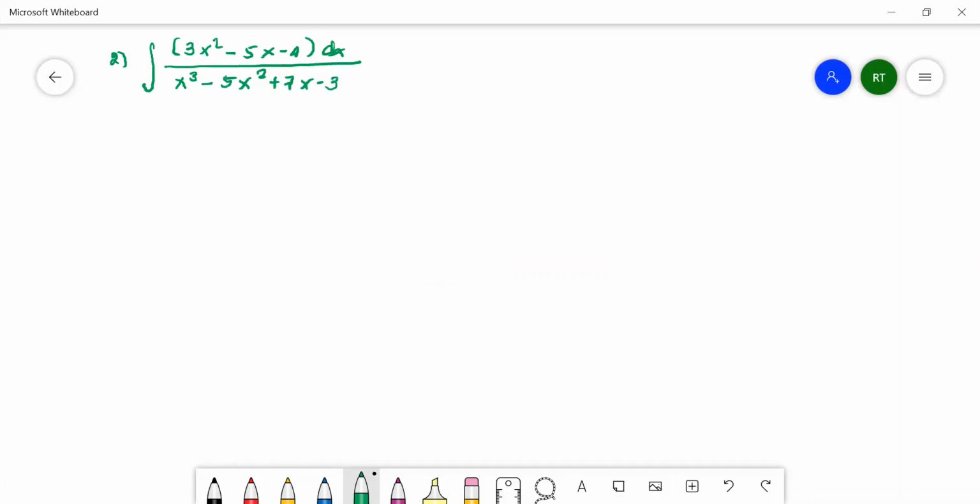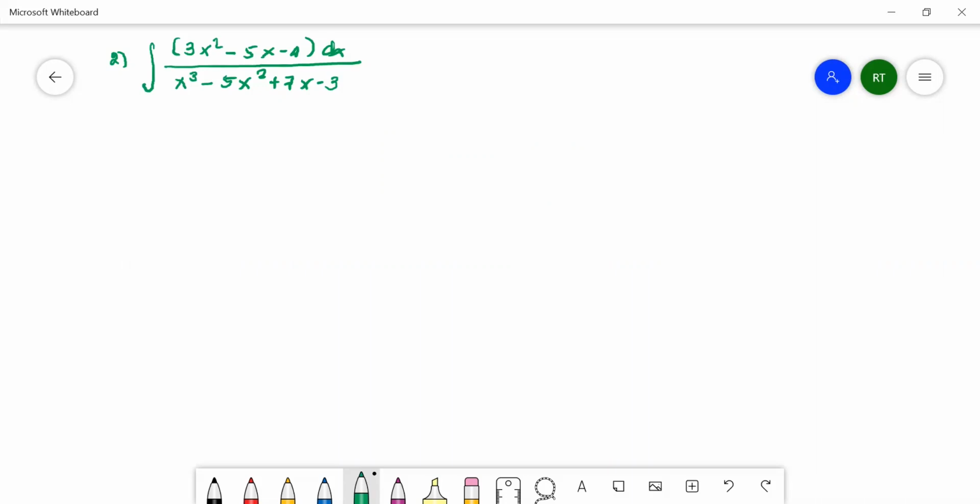So you can see that the integrand is in rational form and it is a proper rational function. The degree of the numerator is less than the degree of the denominator.